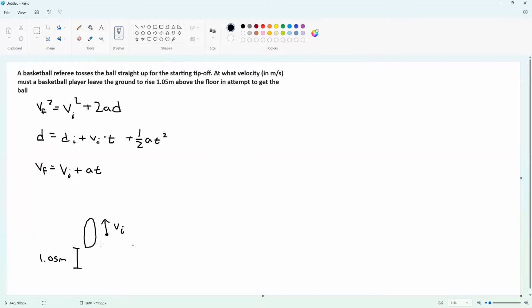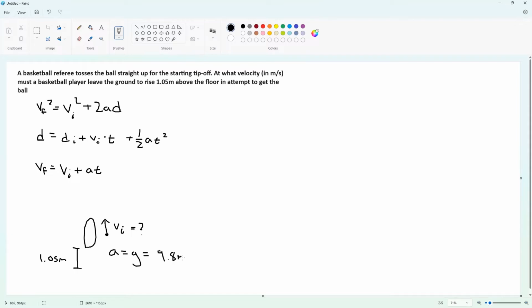Okay, so let's see what we have. We have our initial velocity, which we do not know. We have the distance the person is to cover. Do we have anything else? Well, this is free fall, so of course we have something. Acceleration is gravity.